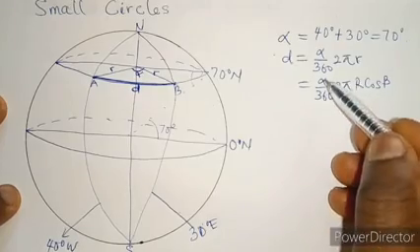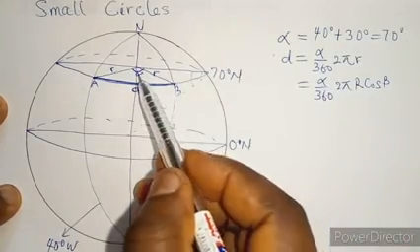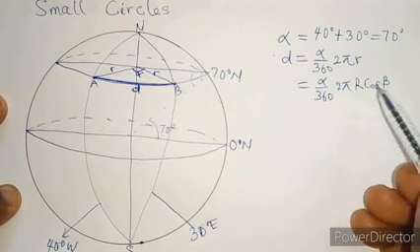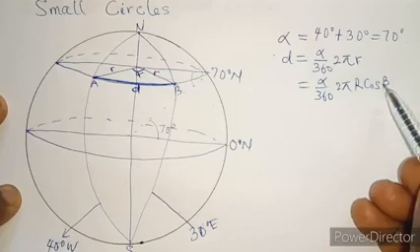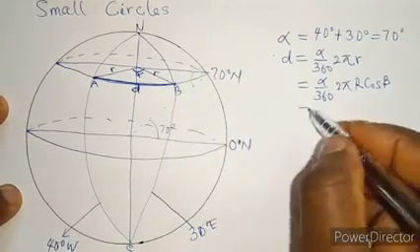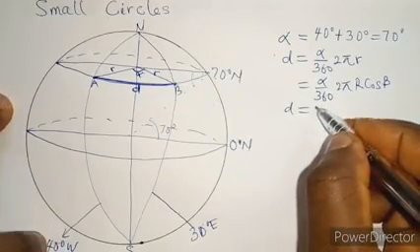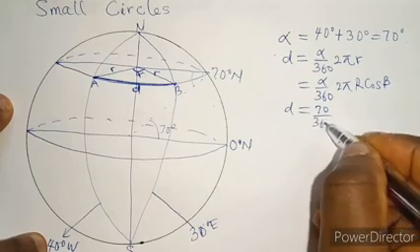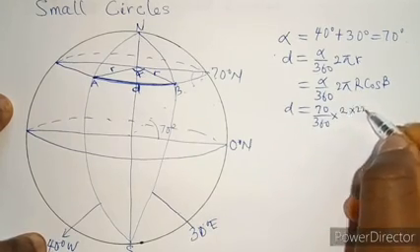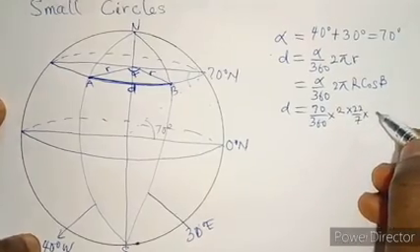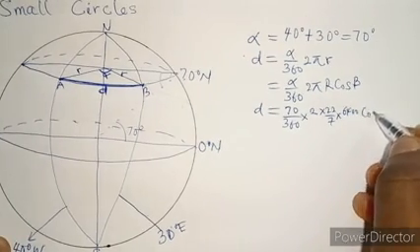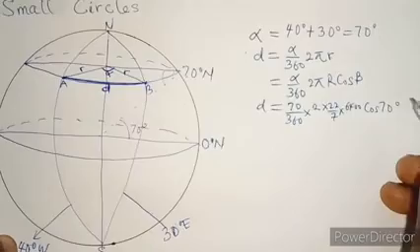My alpha is my angular difference, pi is 22/7, R is the radius of the earth, 6400, and this beta here is the given latitude, which is 70. So I have my distance to now be equal to 70 in this case over 360 times 2 times 22/7 times 6400, then cos 70 degrees.